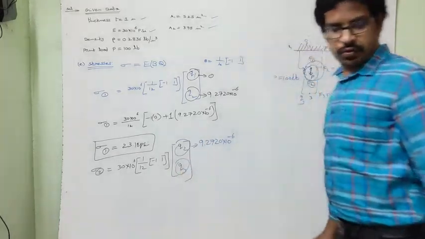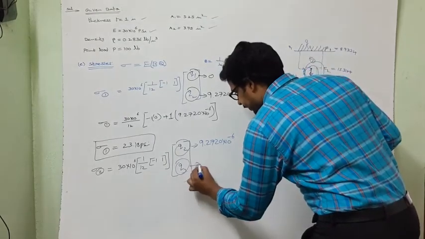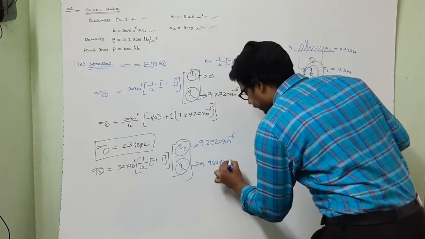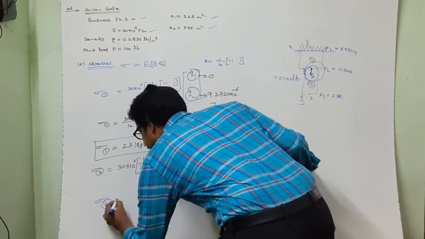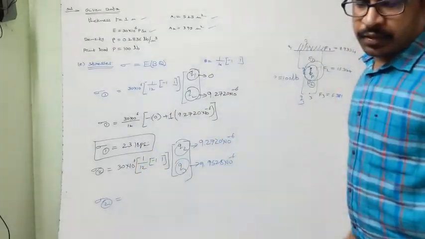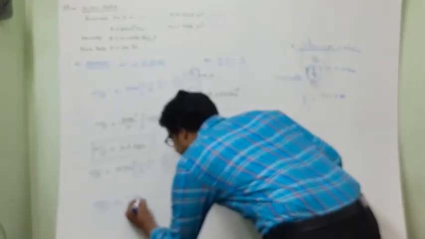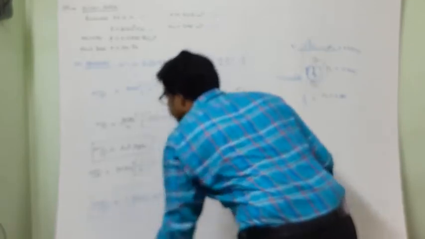Q3 is equal to 9.9528 into 10 power minus 6. So here stress 2 is equal to 1.702 psi. So these are the stress values.